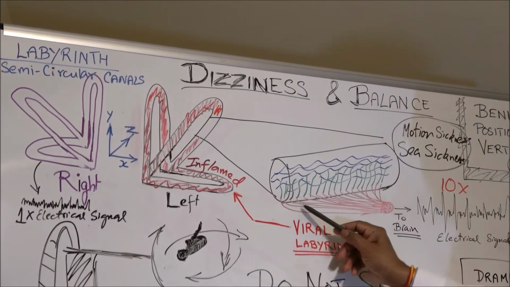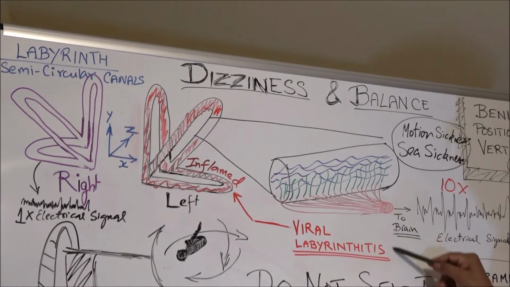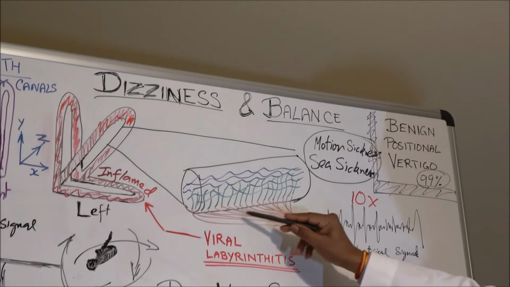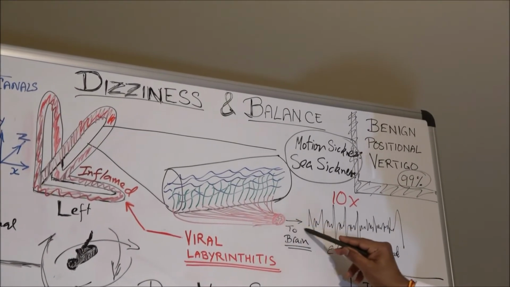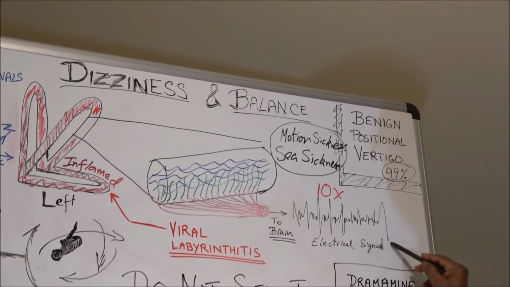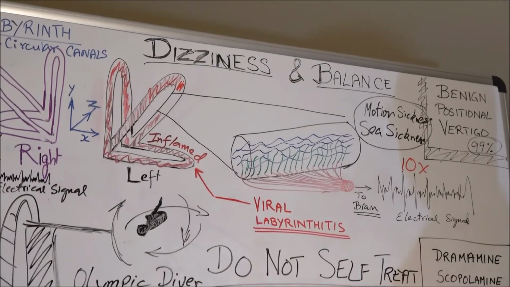At the base of each of these hairs is a tiny nerve fiber that goes to the brain. And this nerve fiber fires. Electrical activity travels along this line to the brain, and this is the electrical signal that the brain receives in stereo from the right and left together.